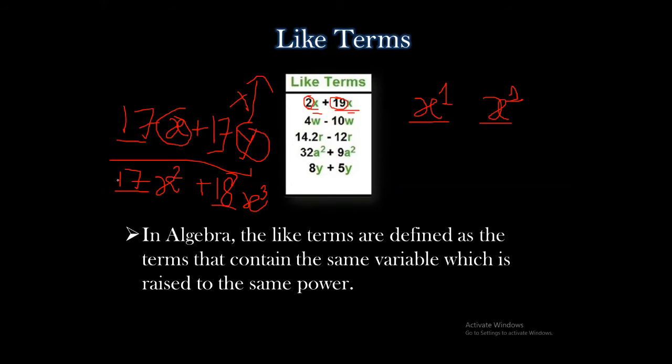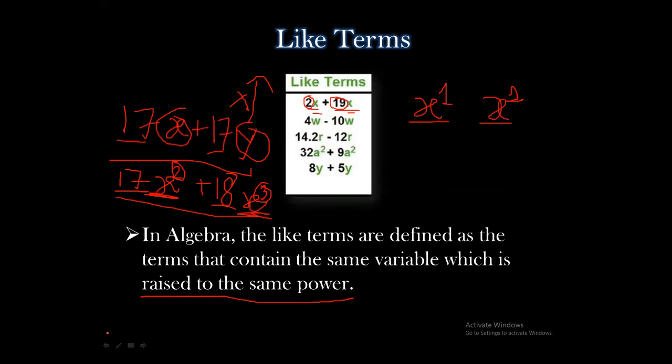Pause the video and tell me whether, since the variables are the same, this is a like term or an unlike term. So yeah, this is an unlike term because you can see the powers are different, whereas like terms are raised to the same power.